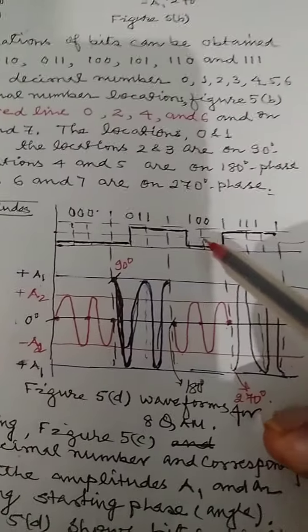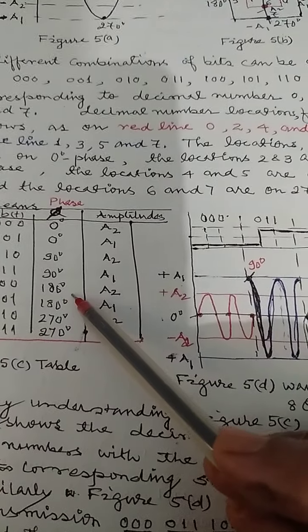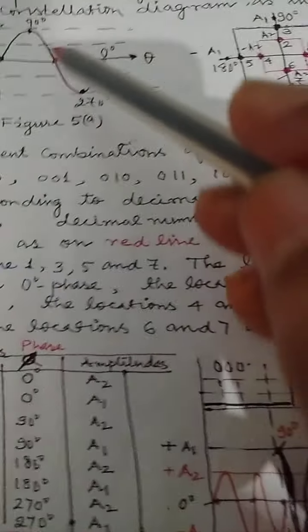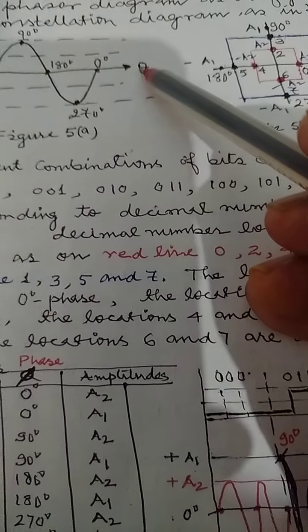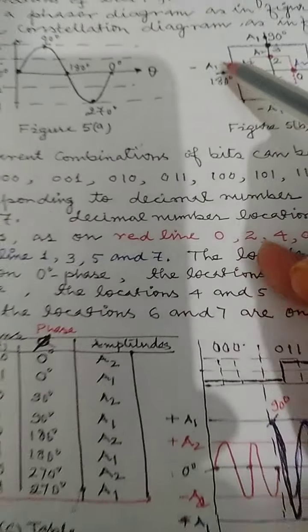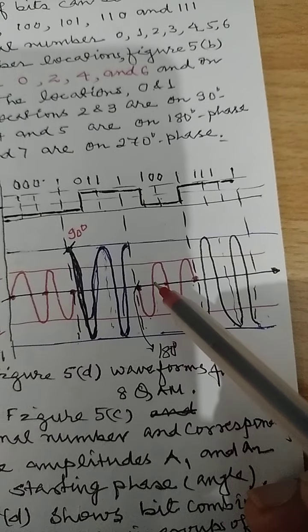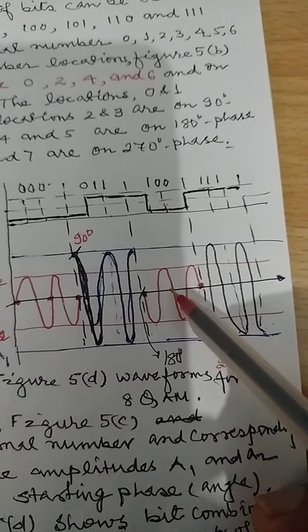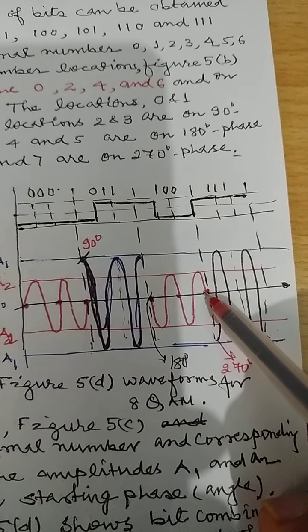Now this combination, 100. It has started at 180 degree, so it will be completed like this one waveform, and again it will be completed like this. It has started and ended at 180 degree, and again started and ended at 180 degree.